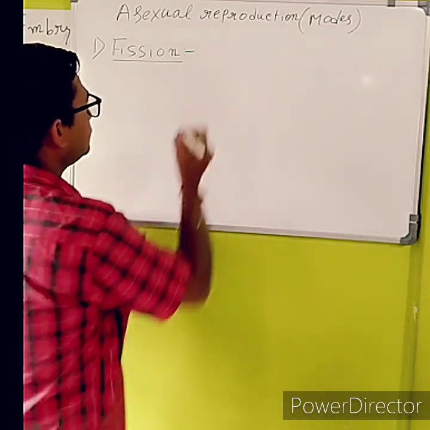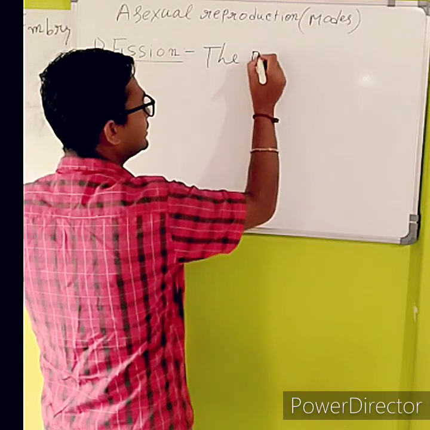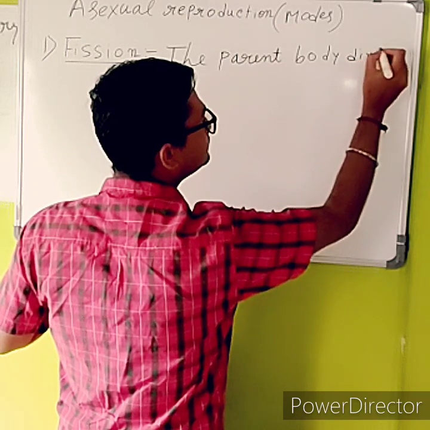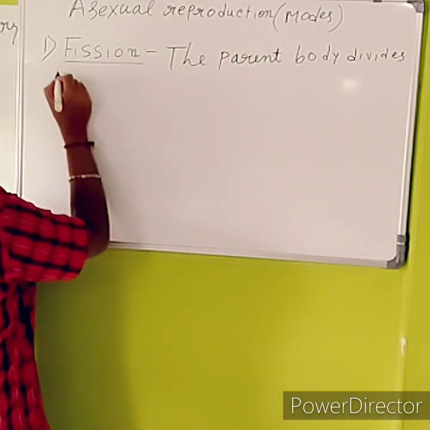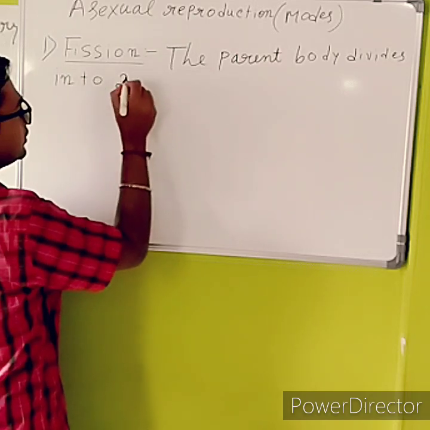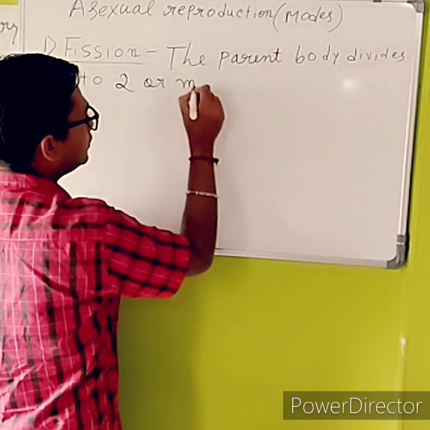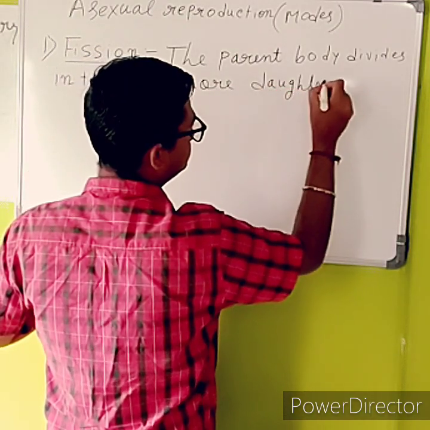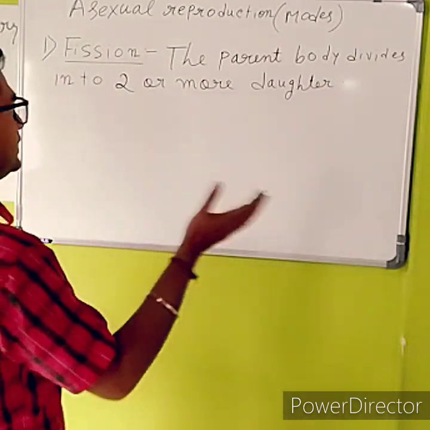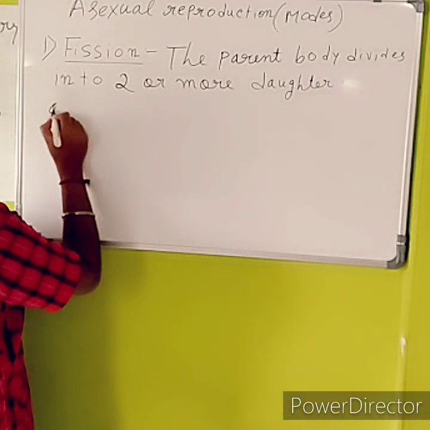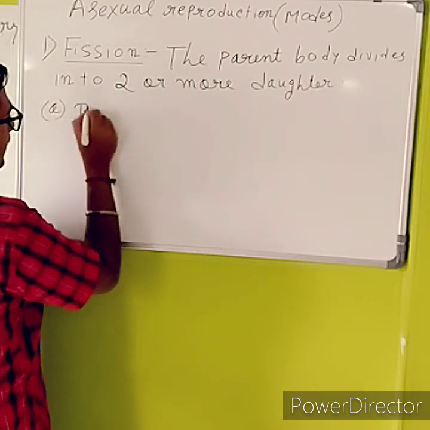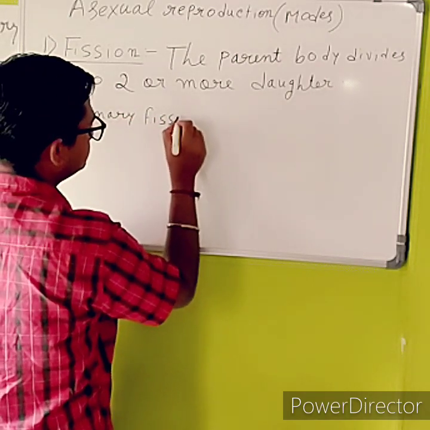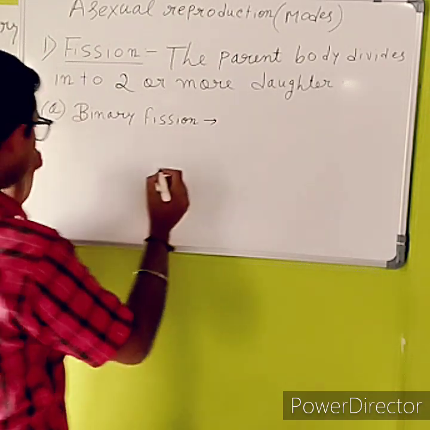In fission, the parent body divides into two or more daughter cells. During fission, the parent body can be divided into two or more daughter cells. The simplest one is binary fission, and it is commonly observed in the amoeba.